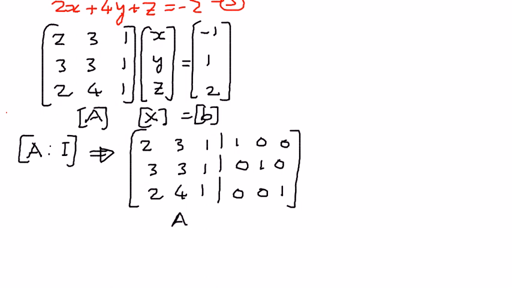This is our A matrix right now, and then this is our identity matrix.